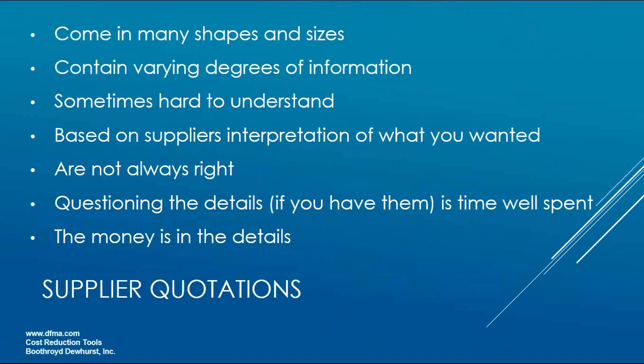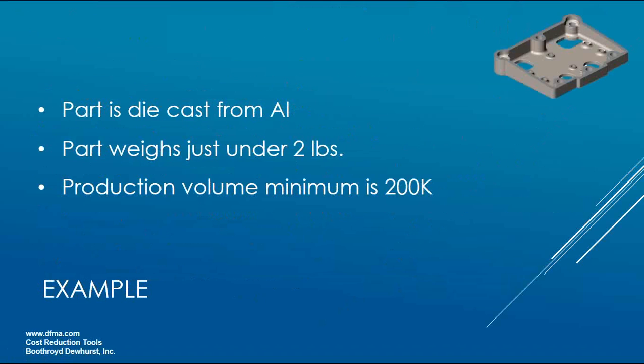And that ultimately is where the cost savings are. That bottom bullet there is pretty true. The money is in the details. So when you can get to that point, that's where you can sometimes see significant cost savings by understanding all of the details. So what I have then is a sample part here. This is an aluminum die casting.